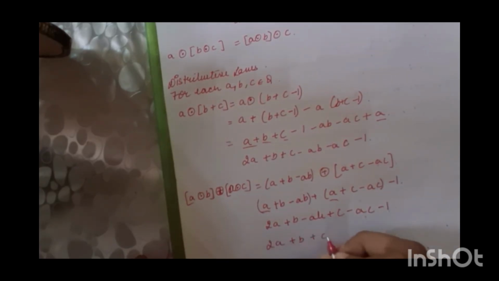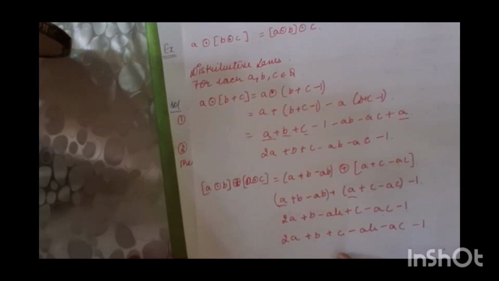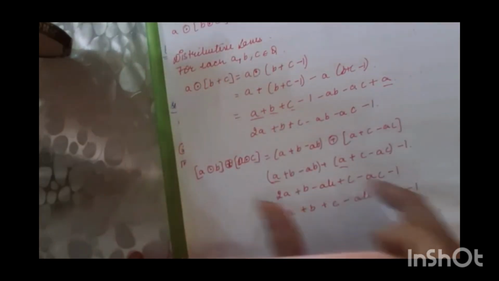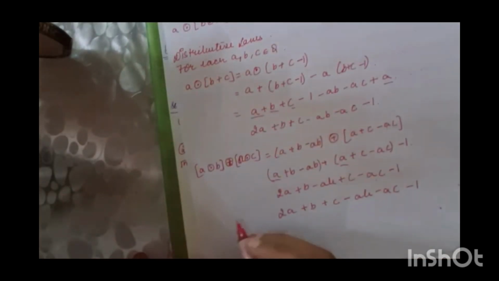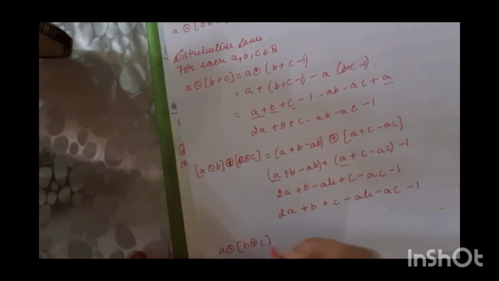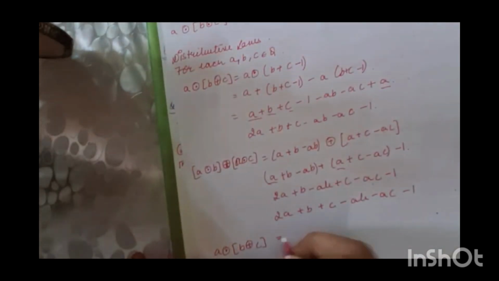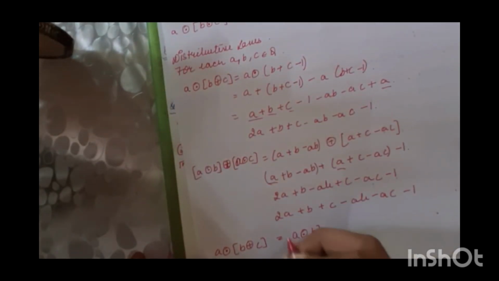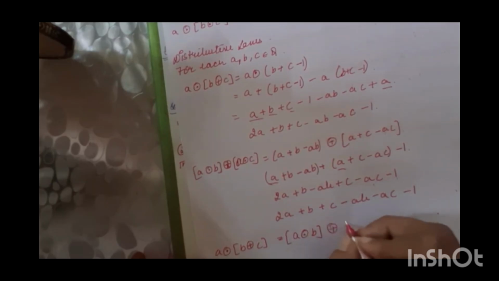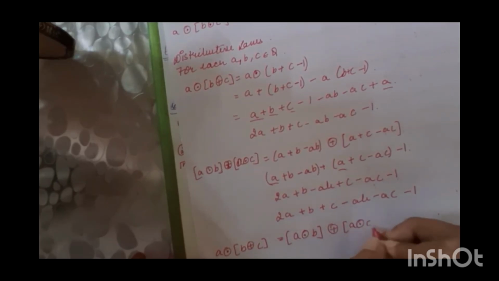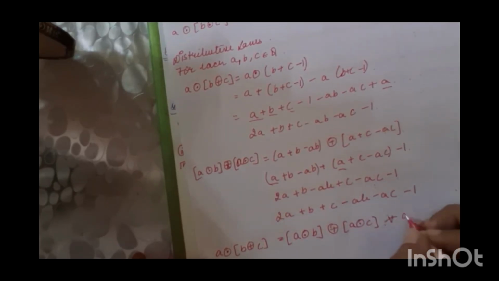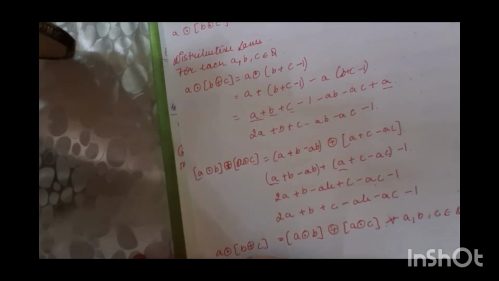So 2A plus B plus C minus AB minus AC minus 1. So what do we see? That this is equal to this. That means these two are equal, for all A, B, C belonging to Q.